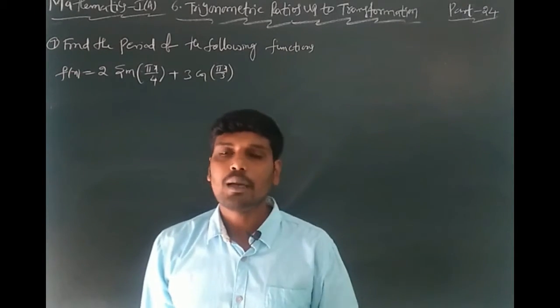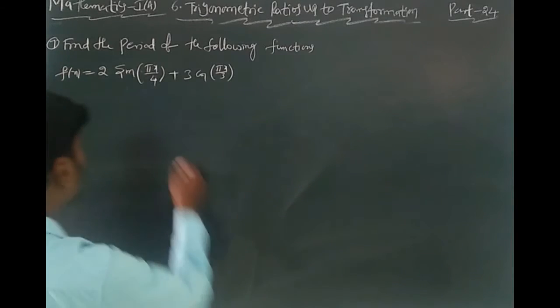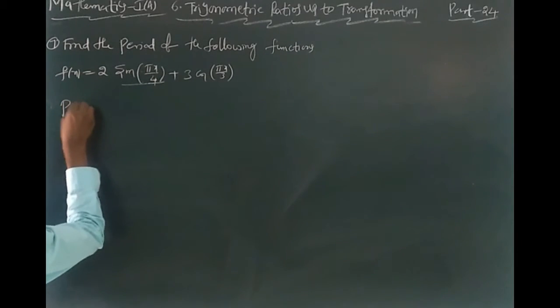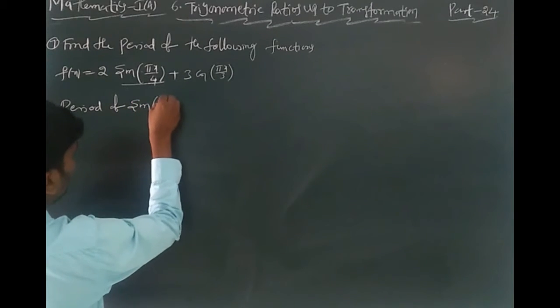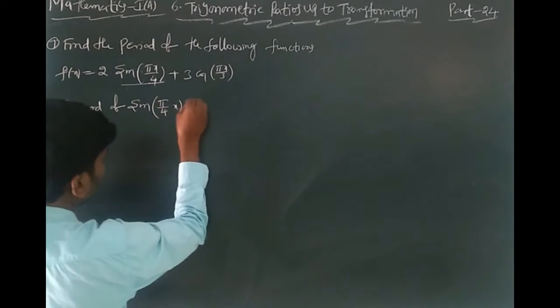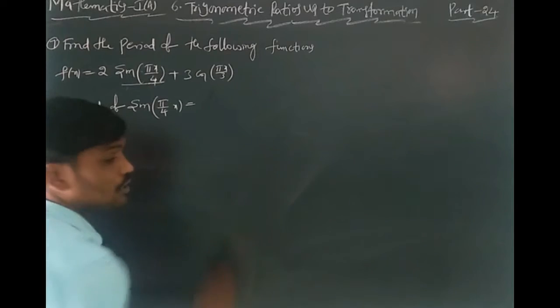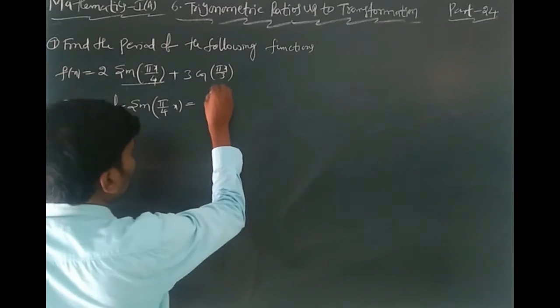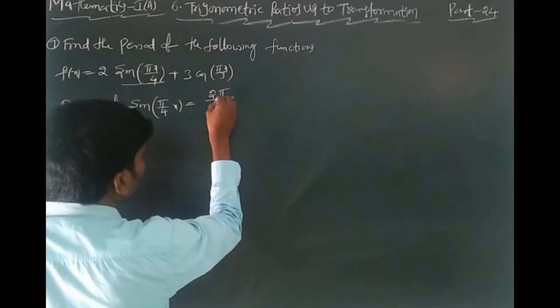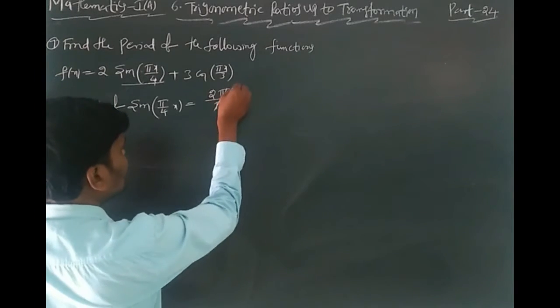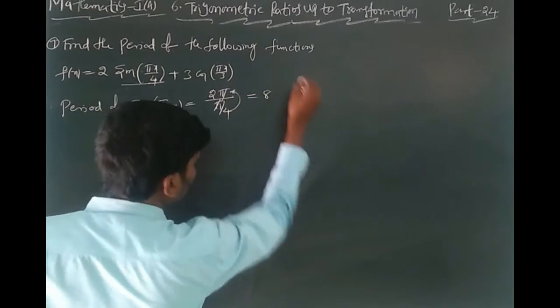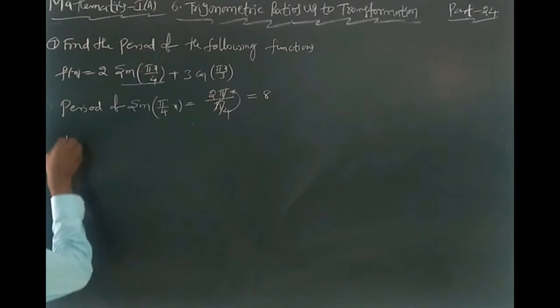First find the periods separately. The period of sine of pi by 4 x: period is 2 pi by mod a, where a is pi by 4. Pi cancels, and we get 2 into 4, which is 8.